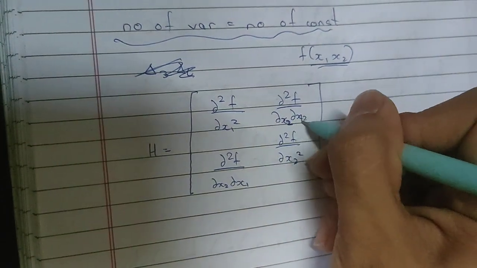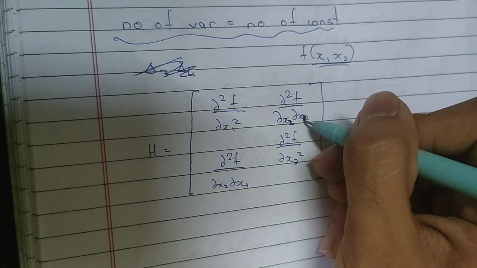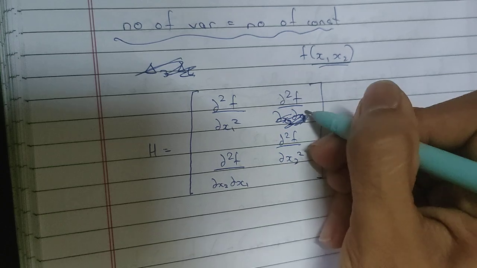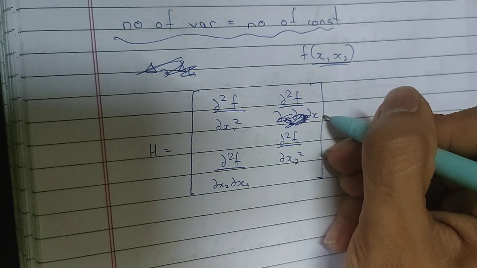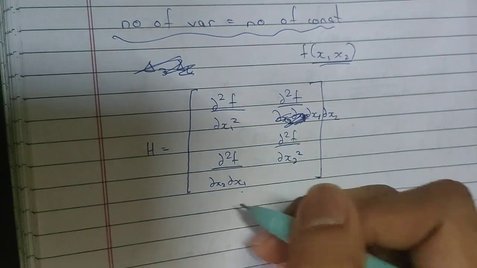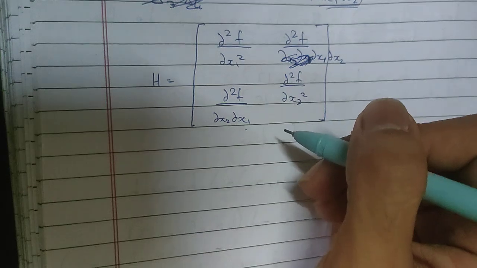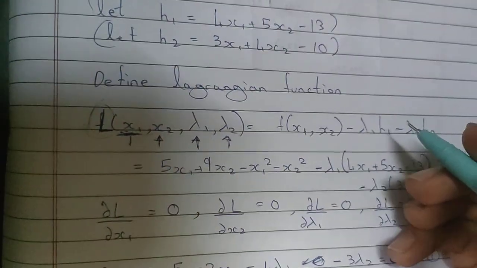Oh wait, sorry, I messed up. No, it was correct only. Never mind. Yeah. First x2 then x1, and over here first x1 then x2. Correct only. Yeah.